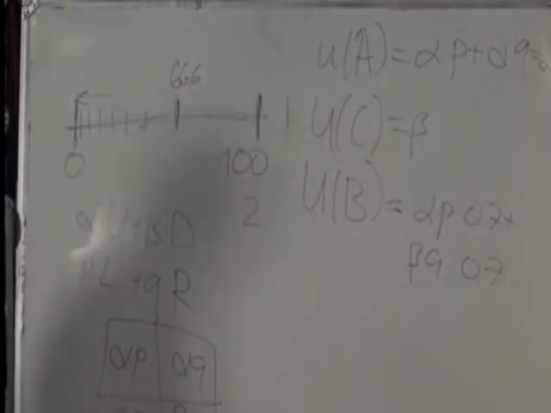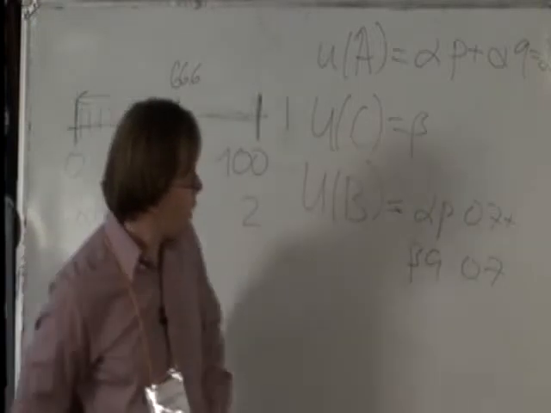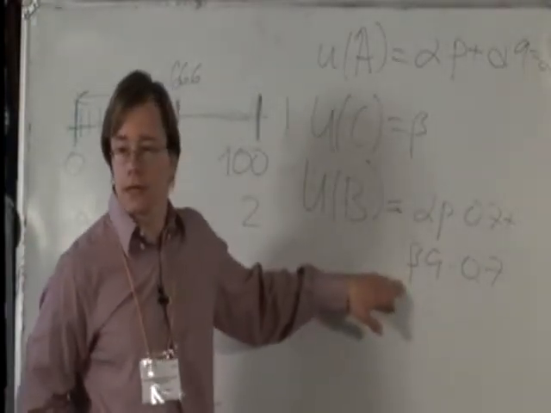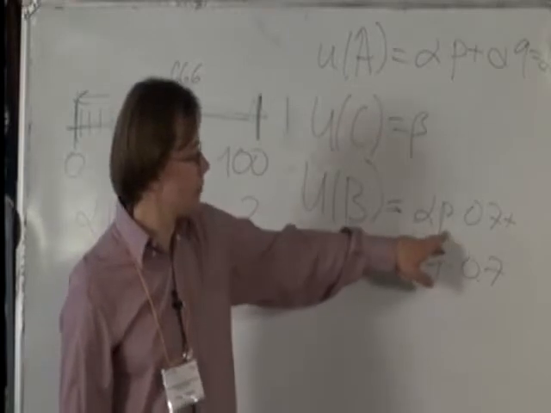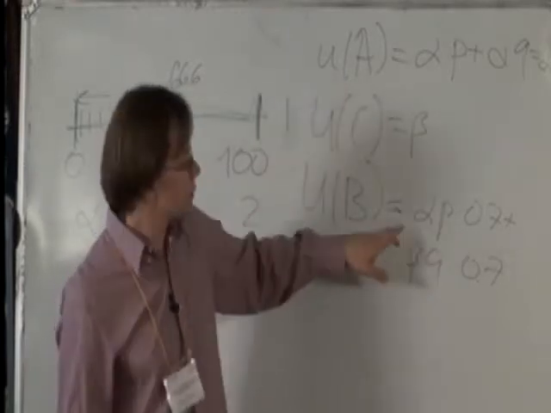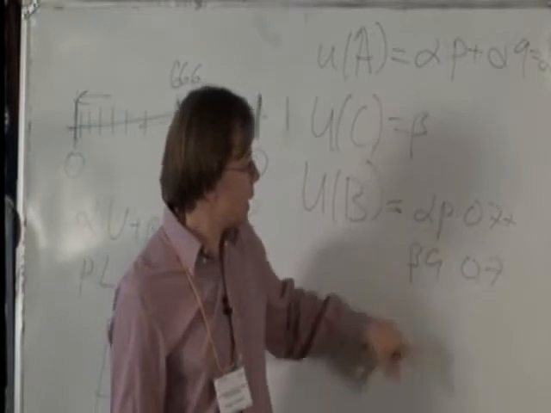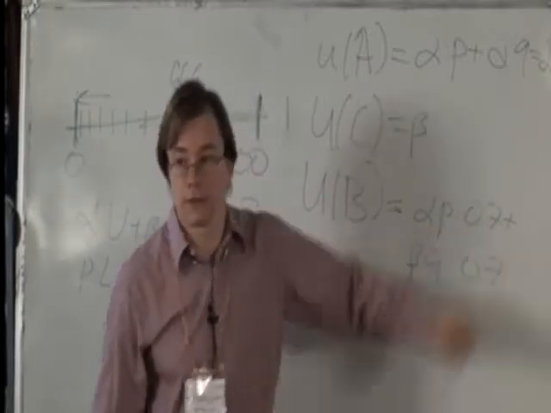And imagine that alpha is bigger than beta, then the maximum you can get is by taking P equal to 1. So if alpha is greater than beta, then the whole expression is maximized when P is equal to 1, and it means that the maximum you can get is alpha times 0.7.